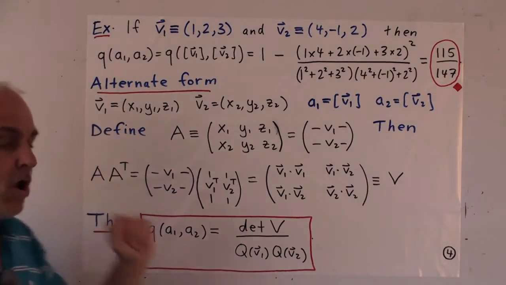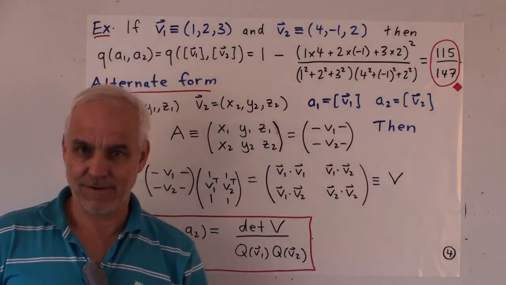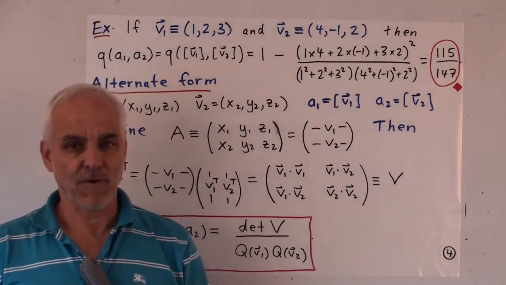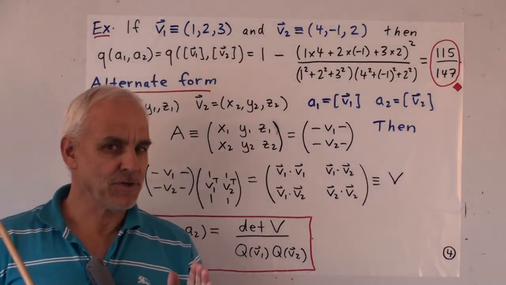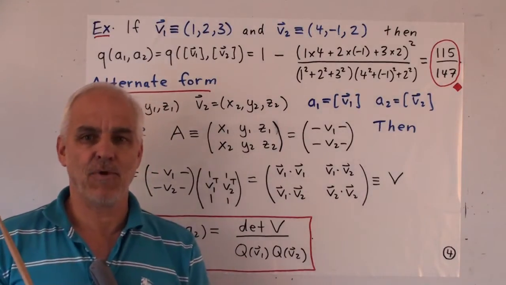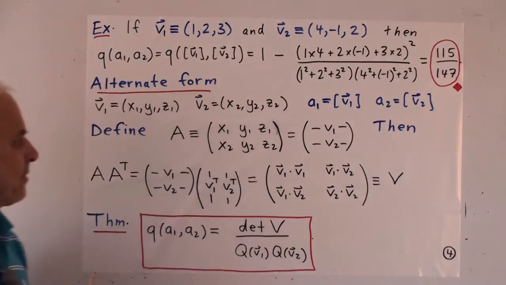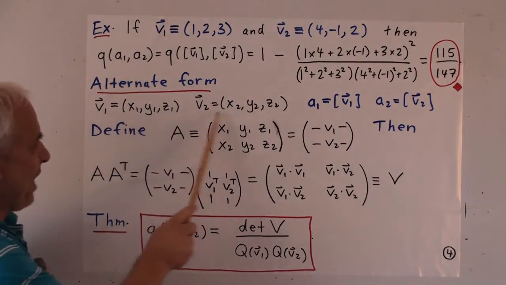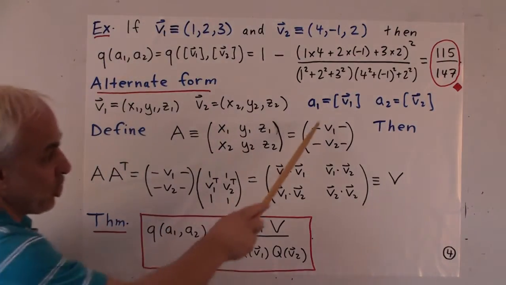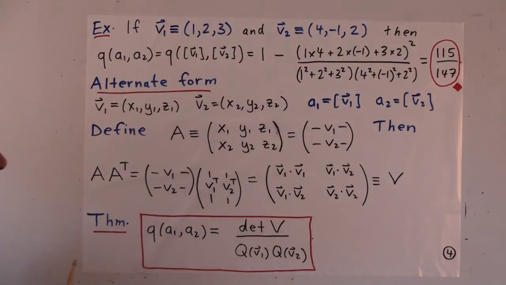There's an important alternate form for the spread, which is going to be very useful for us, which also shows that this is intimately tied up with fundamental linear algebra. So let's have a look at these two vectors that determine two lines.